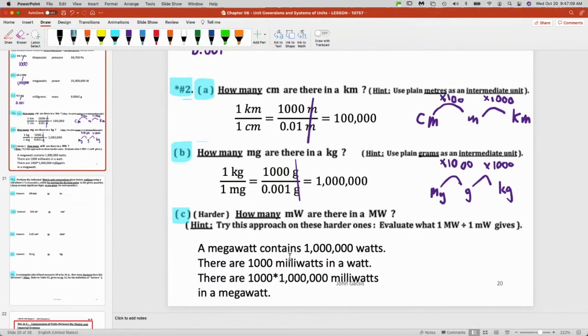I'd be just curious as an audience, of the 3 ways here that I've written it, which one do you like? Which one do you prefer for yourselves? Do you prefer dividing it out? Do you prefer a diagram showing you the path? Or do you prefer sentences explaining it? Let me know in the chat. What do you like? Fraction, diagram, or sentences?